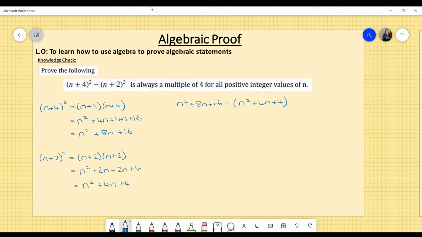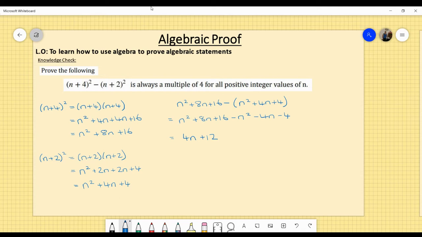When we simplify, we get n squared plus 8n plus 16, and we're going to subtract everything in the bracket, so minus n squared minus 4n and minus 4. So the n squareds will cancel, 8n minus 4n will leave me with 4n, and 16 minus 4 will give me 12.